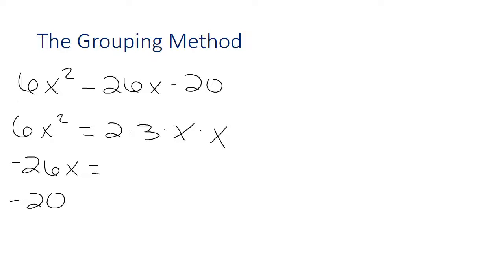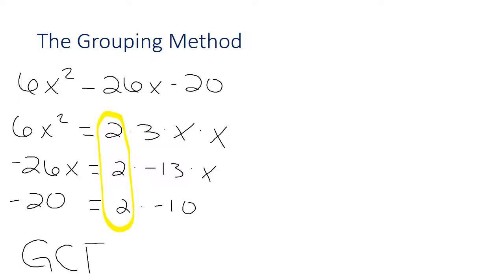The factors for the second term are 2 times negative 13 times x, and the factors for the last term are 2 times negative 10. As you can see, they all have a 2 in common, which means our GCF is 2.